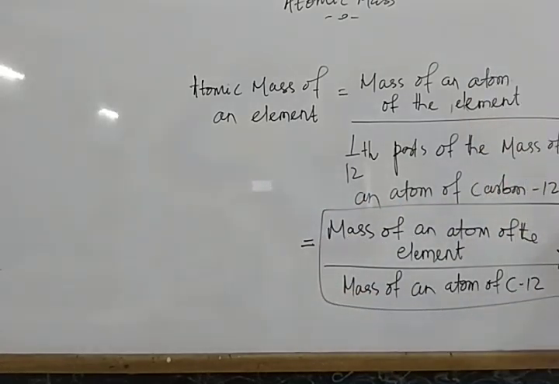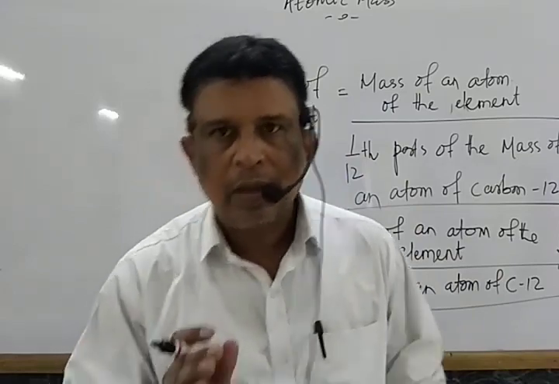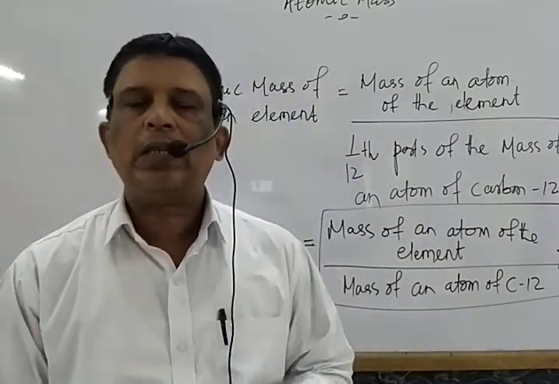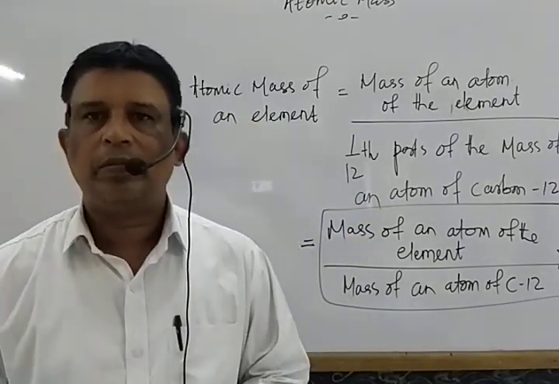Mark that. That means it is relative. Actually, atomic mass is not a normal concept. It is a relative concept. We always compare mass with 1 by 12 the mass of carbon atom taken as 12.